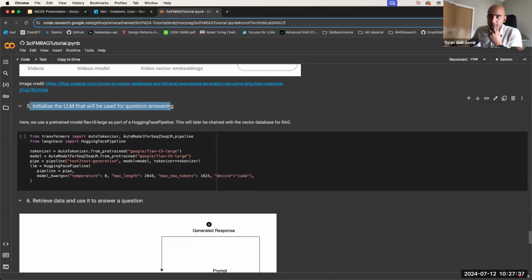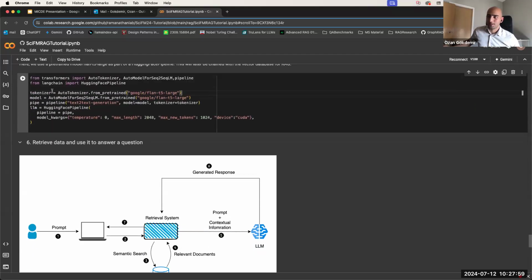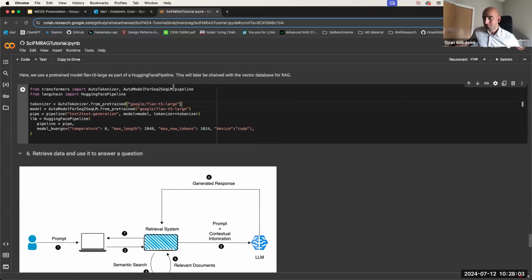Now, we will initialize an LLM that we will use to feed these retrieved chunks along with our prompts to answer a question. For that, let's use Flan T5. Again, these are tiny models compared to the state of the art, but this is what I could run on a Google Cloud work environment.